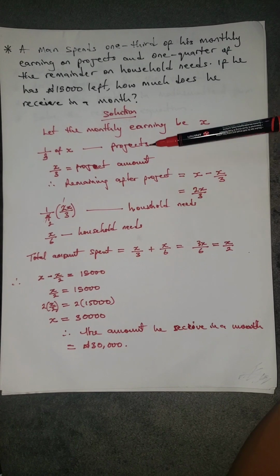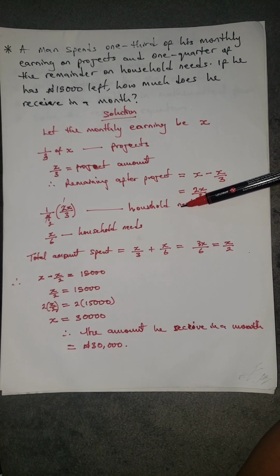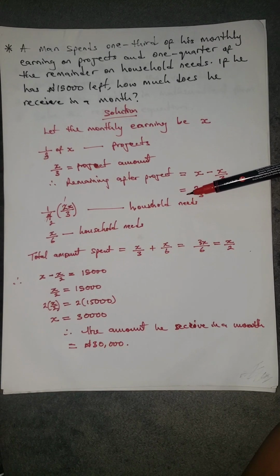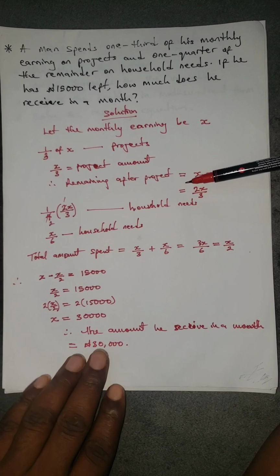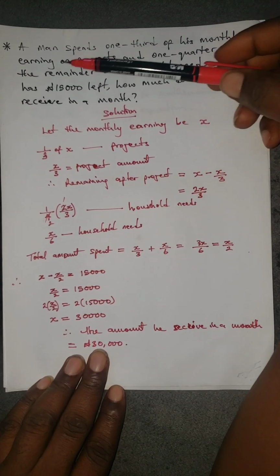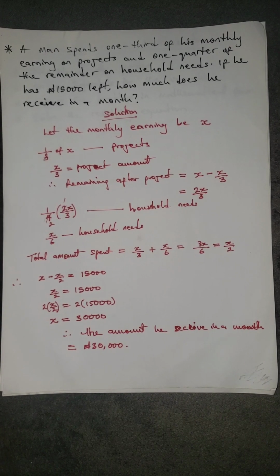So if you have spent 10,000 naira on project and 5,000 naira on household needs, that means what he spent in a month is 15,000 naira. So when you remove 15,000 from 30,000, you are going to have 15,000 naira left. So our working is correct. Whenever you finish solving, it's always right for you to check what you have solved, whether it is correct.